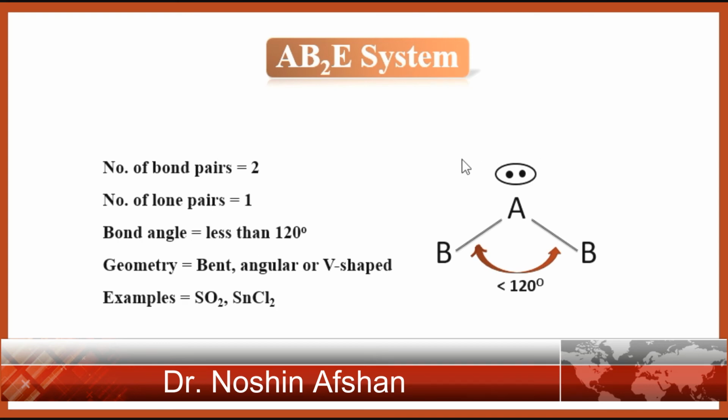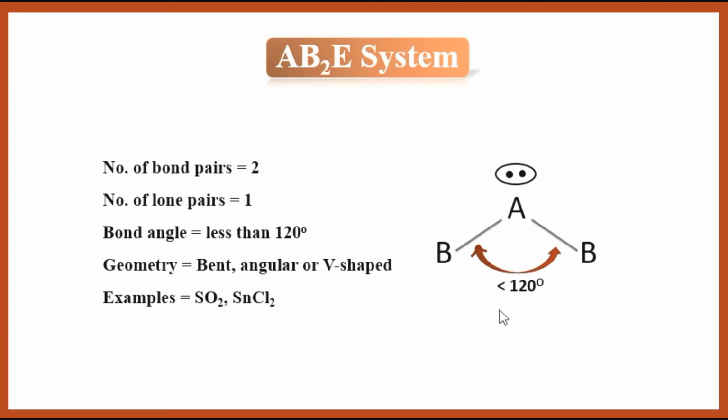Hence, it would occupy more space, so the bond pairs would be contracted, and the value of the bond angle would be lesser than 120 degrees. Hence, its shape or geometry comes out to be either bent, angular, or V-shaped. And the examples under this category are SO2, sulfur dioxide, or selenium dichloride.